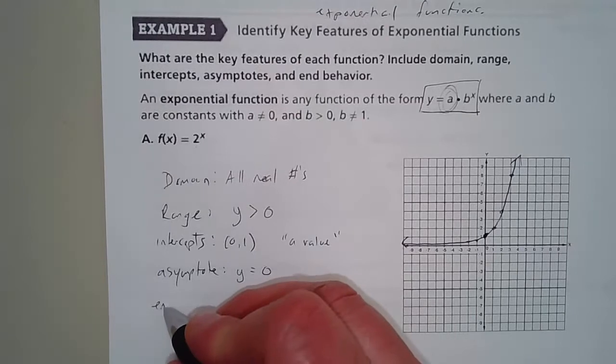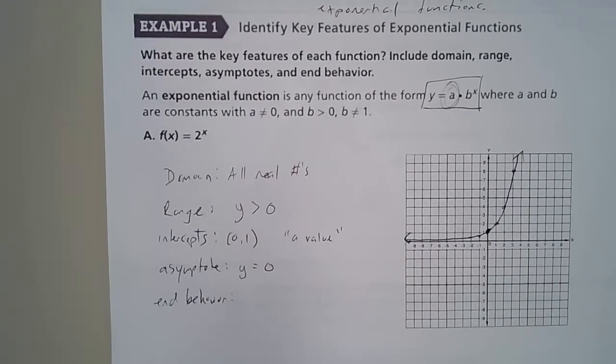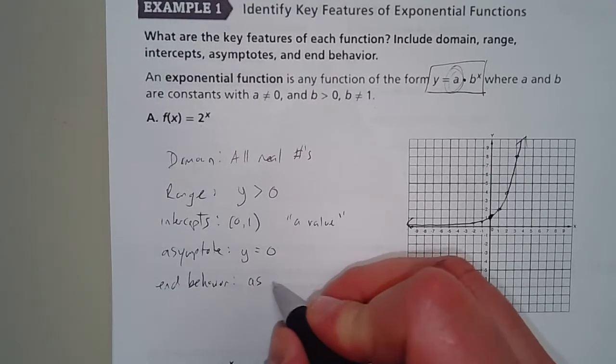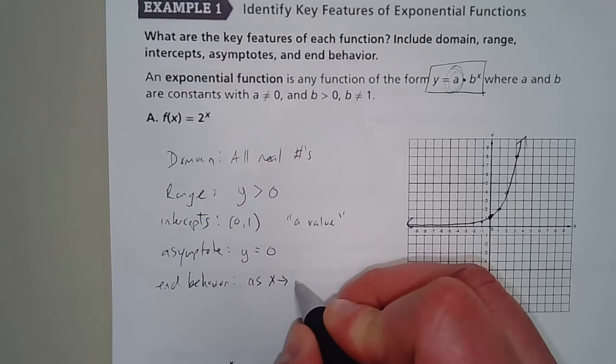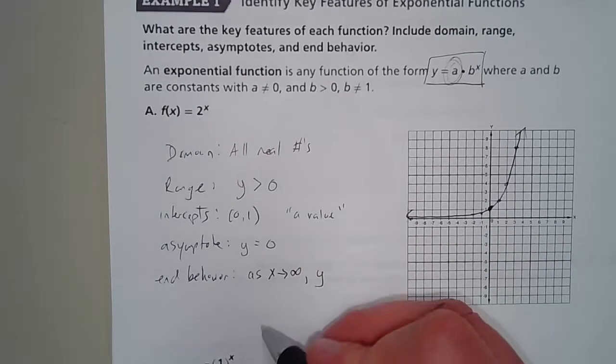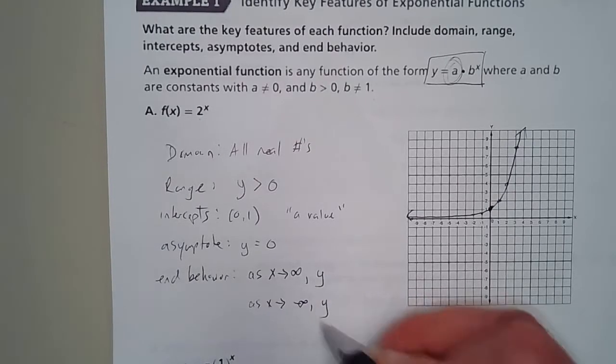And lastly, the end behavior. End behavior is one of those things you can word a few different ways. The way that you're going to see it, like in the assignment today, is you're basically going to say, as x goes to infinity, what does y do? And then they're going to say, as x goes to negative infinity, what does y do?